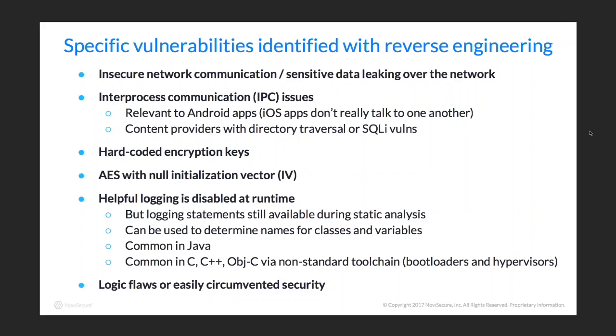We also see inter-process communication issues with Android, such as content providers that have directory traversal or SQL vulnerabilities. The reversing is also revealing things like hard-coded encryption keys, or my personal favorite, an AES key with a null initialization vector.